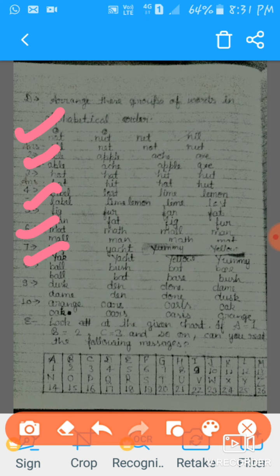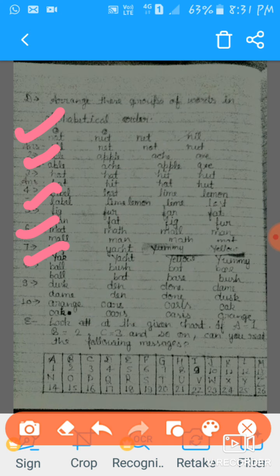Now in the correct way, according to alphabetical order: ball, then bass, then bat, then bush. Okay. Now ninth is dusk, then, done, dam. Now you will arrange them in correct sequence: dam, done, dusk.